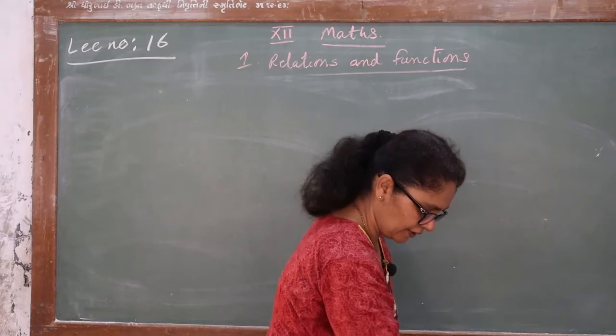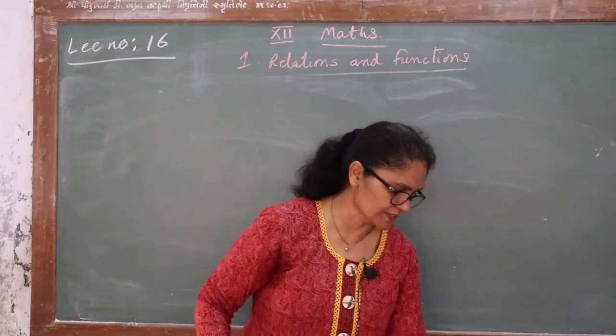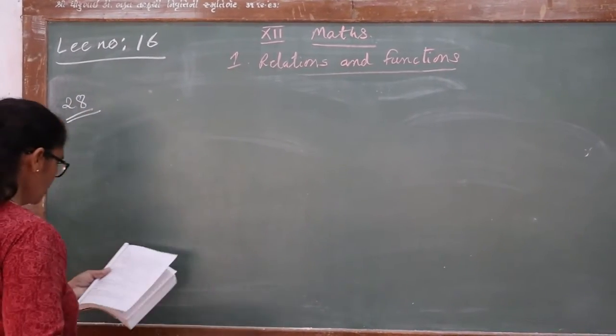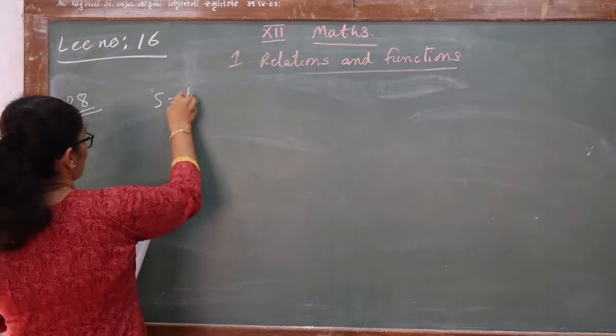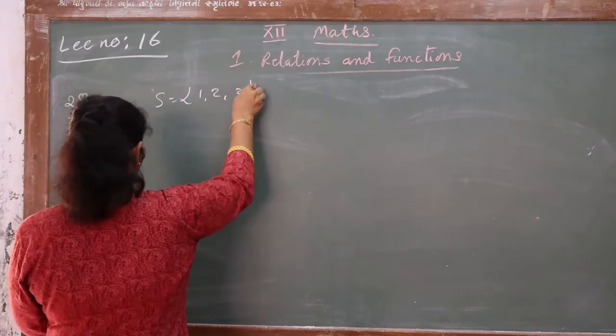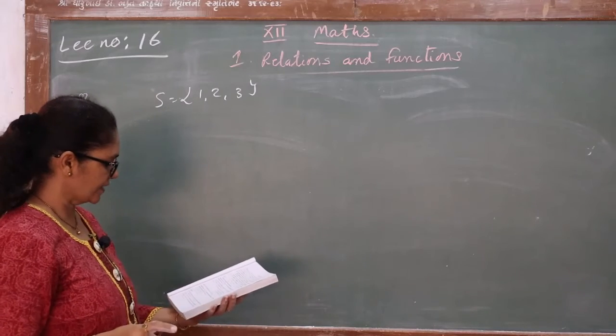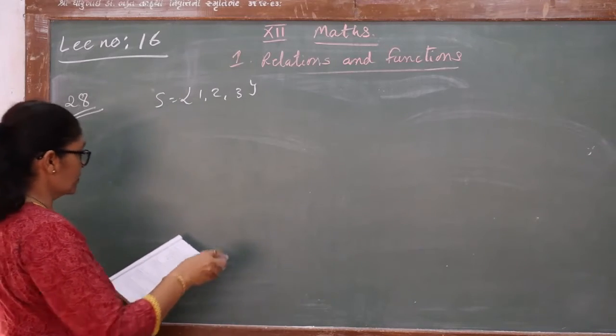Now after that theorem, our last example, solved example number 28. We discuss it. What is the 28th example? S is given as 1, 2, 3. You have to determine which function f from S to S has an inverse function.